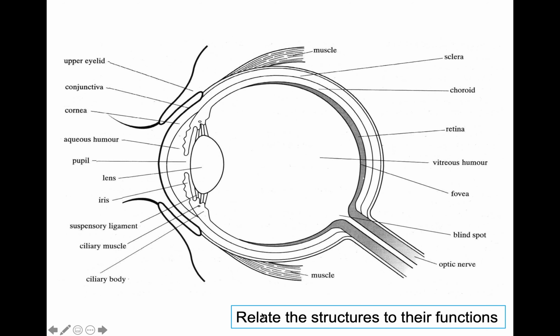So my advice would be to pause your video now, give yourself time to label the diagram, and then after you've labelled the diagram, the task is to complete the eye structure and function worksheet.